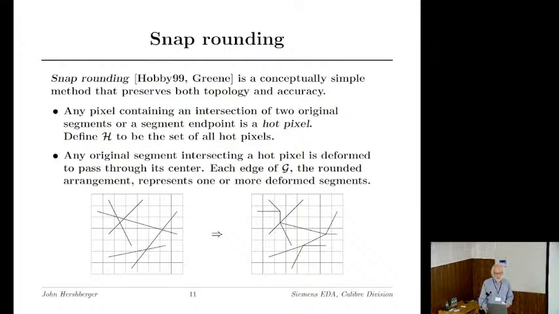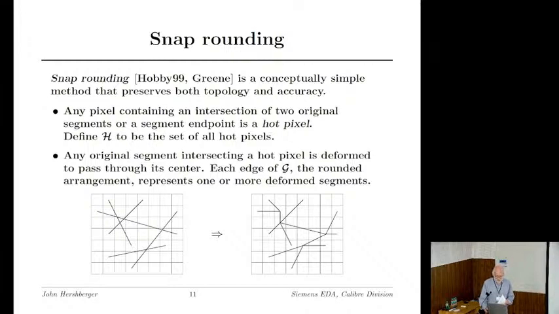Snap rounding is really simple. It was invented by John Hobby and Dan Green back in the 20th century, and it's a simple method, simple to describe, that preserves both topology and accuracy in the rounded arrangement. So the whole definition is here on the slide. Any pixel that contains an intersection of two original segments or an endpoint of an original segment is defined to be hot, a hot pixel.